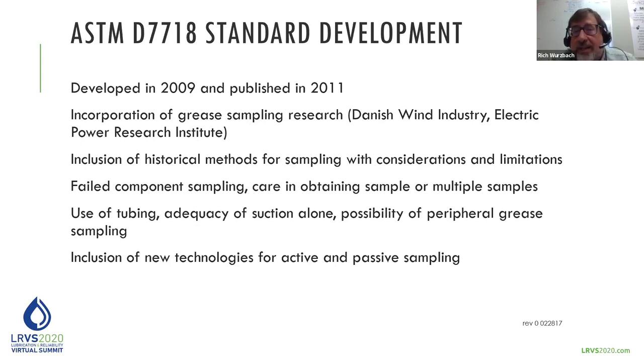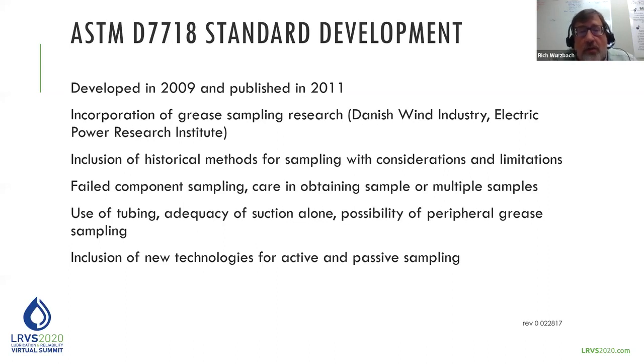Some folks in the Danish wind industry, including Vattenfall, Dong Energy, and some others like Covey, participated in that and developed new approaches to getting grease samples from both main bearings and blade bearings in wind turbines. And the Electric Power Research Institute has been involved in a number of research projects that evaluated and developed some approaches for sampling grease from gear components and validated the results.